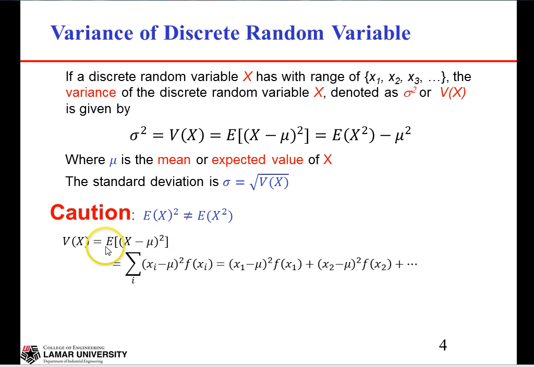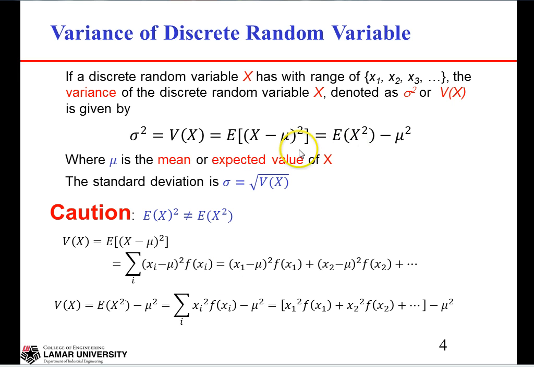To expand the definition of variance, we can get the formula here. Basically you take every possible value of xi minus the expected value of the random variable, square that difference, then multiply each one by the corresponding probability mass function, and sum all the items for all the i's.